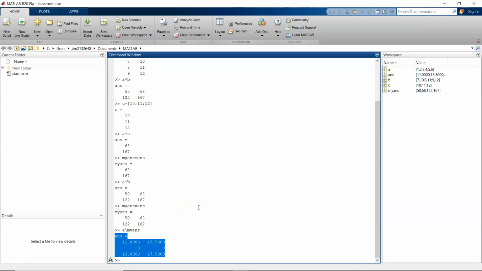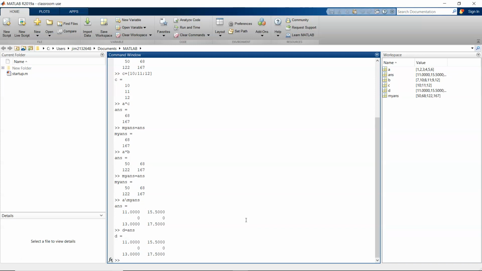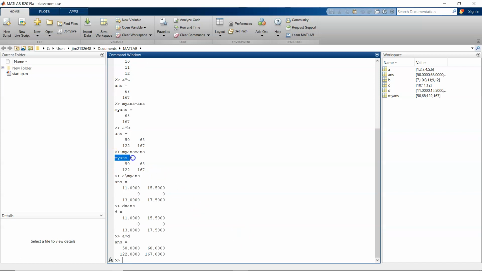This shouldn't be a unique solution. Let's see. Let's make a matrix D equals the answer. And I'm going to go A times D, and A times D should give me 50, 68, 122, and so forth. And it does. A times B gives us this. So does A times D.